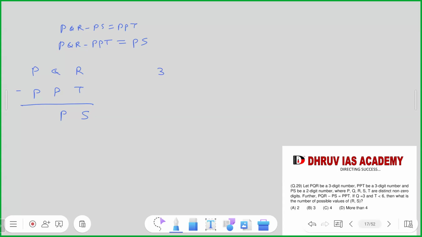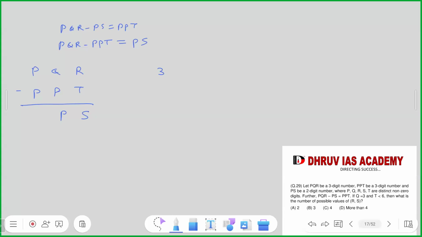Now if you observe, 3 minus some number is giving again the same number here, which cannot happen unless there is a carry here. So Q minus 1 and then T. It can be like that. Then T less than 6, so T can have values like 5. One combination can be like this: 3, 1.